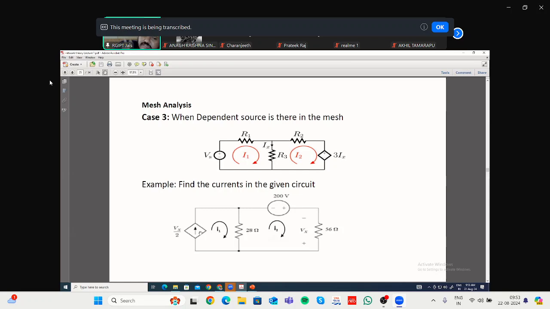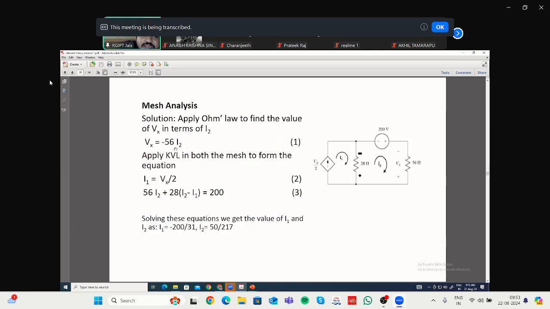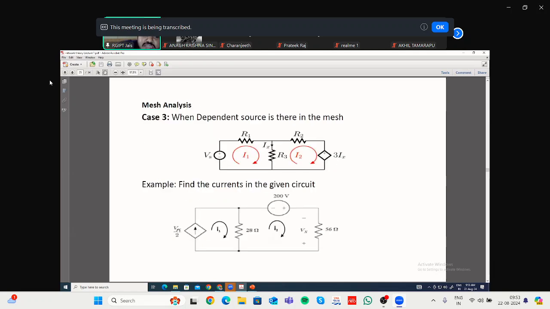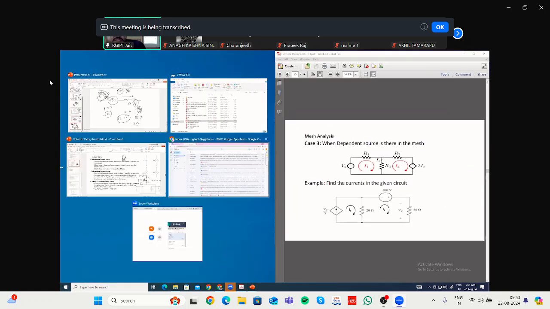Done. Till this part it's okay. Now we have to apply KVL. Let us consider that you are applying KVL. Before that you have to see how this is related. Now what is the relation with this?